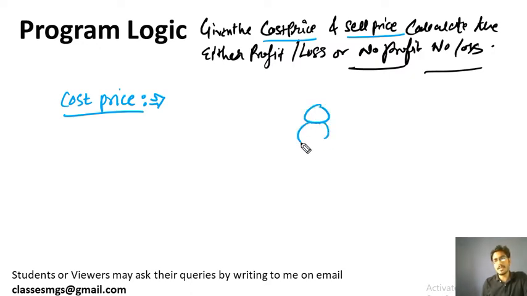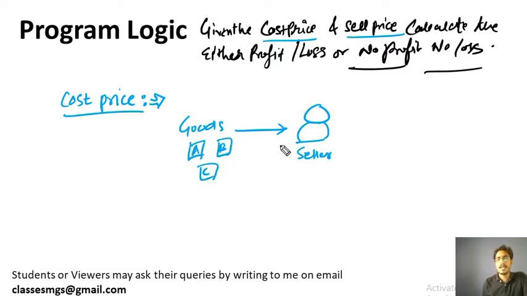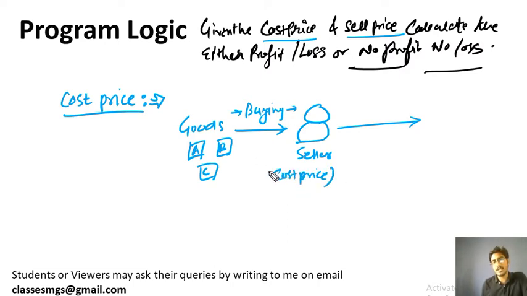Let's suppose I am a seller and I am purchasing some goods A, B, C. First I am buying them, so this will be my cost price, the rate at which I am buying this product.